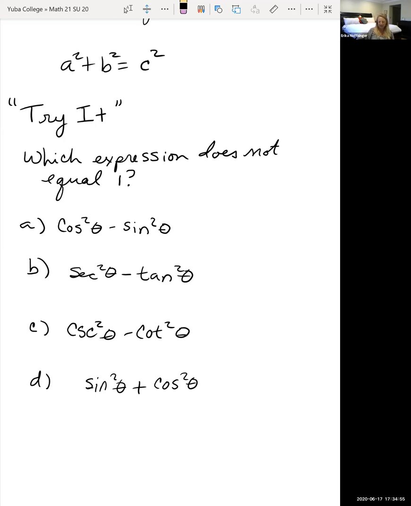So take a minute and tell me which one doesn't equal 1. There could be more than one, maybe.